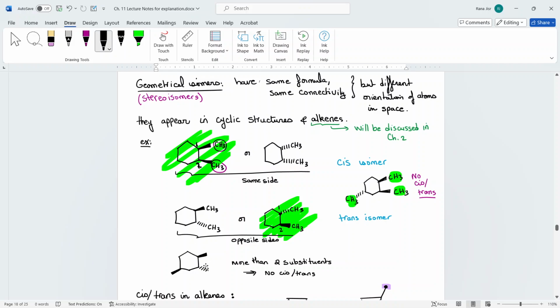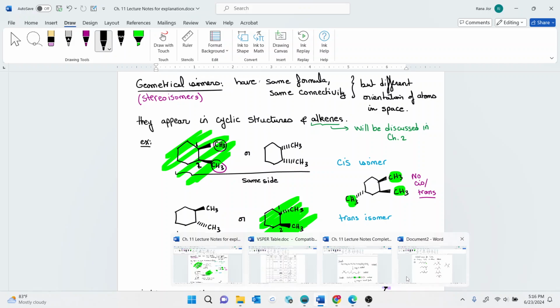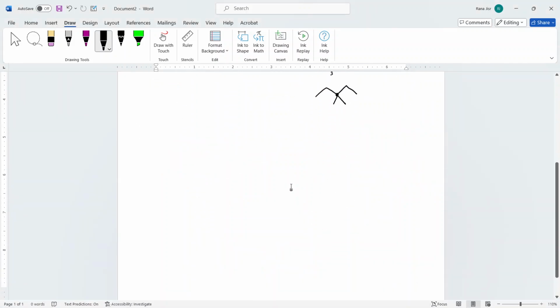The moment you see a cycle that has more than two groups on it, you cannot classify it as cis and trans. Pay attention to that. Let's have an example over here. Cycles can be 3-membered rings, 4-membered rings. In there, let's do a 4-membered ring.